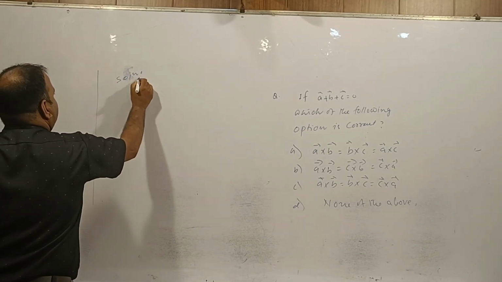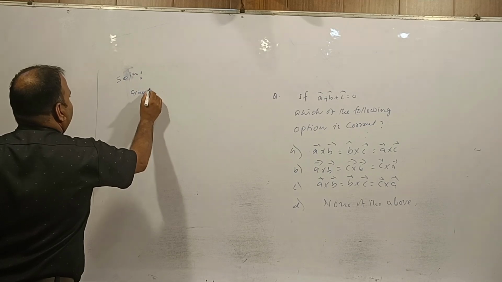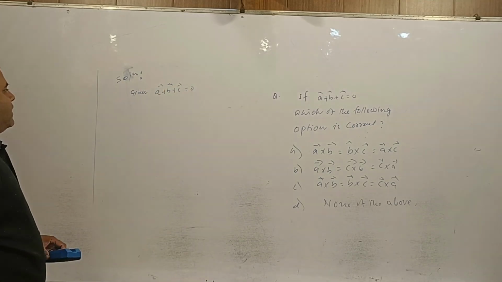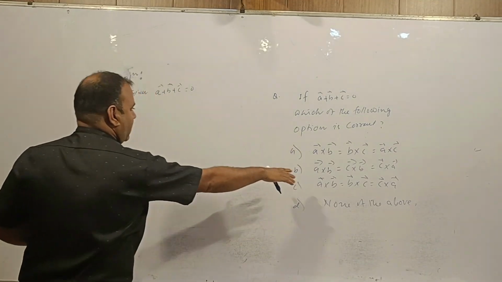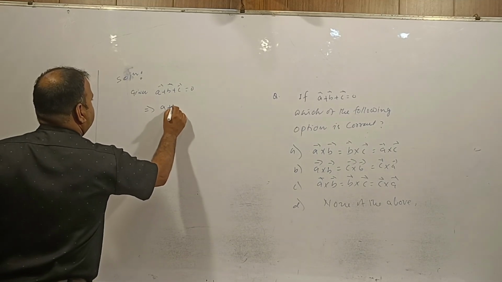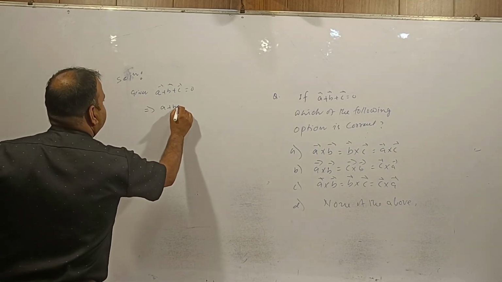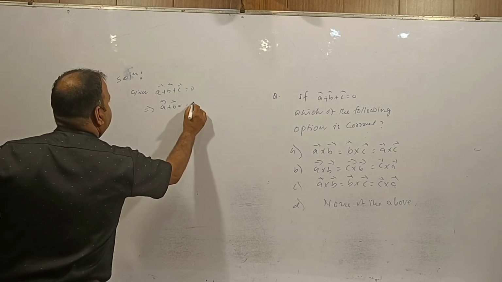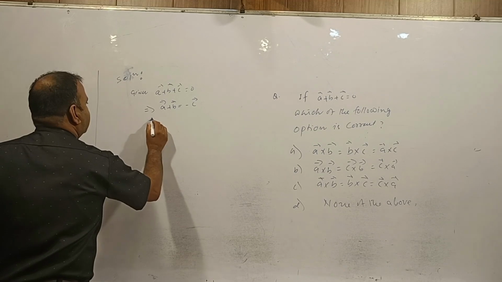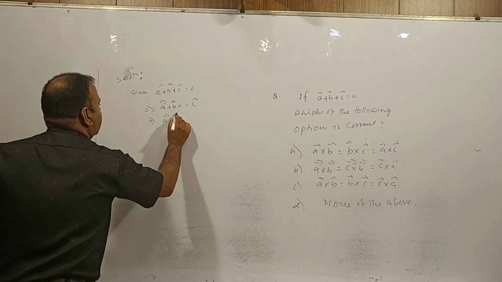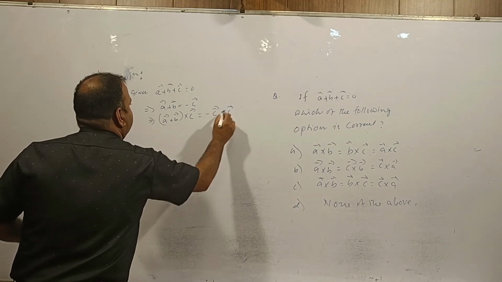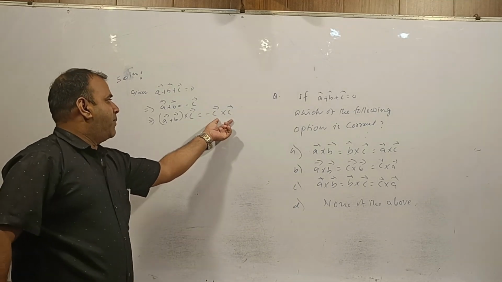Solution: you can see given here A vector plus B vector plus C vector is equal to 0. So what we will do first, A cross B, everywhere in the options A cross B is given. So I am writing here A plus B is equal to minus C. Now on the right side I have minus C, so you just take the cross product with C: A plus B cross C, and on the right side minus C cross C, because a similar vector product will be 0.